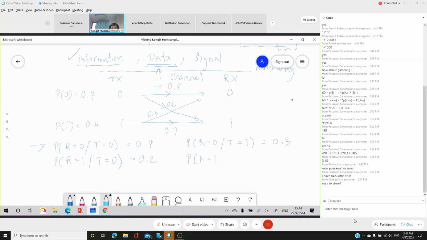The probability of receiving 1 given that 1 is transmitted would be 0.7.